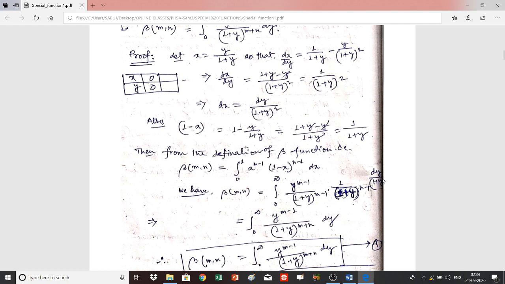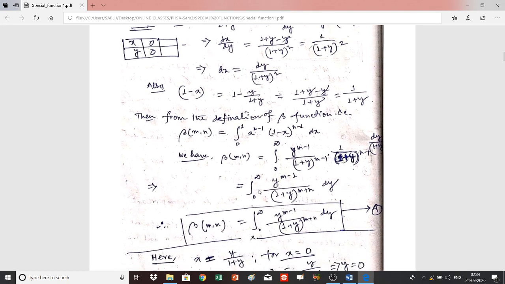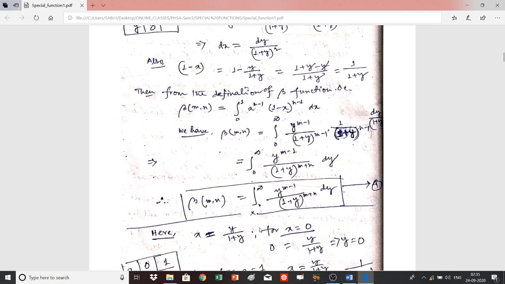So finally you will get it as the integral from 0 to infinity of y to the m minus 1 over (1 plus y) to the m plus n dy. So beta mn is equal to this, another form.